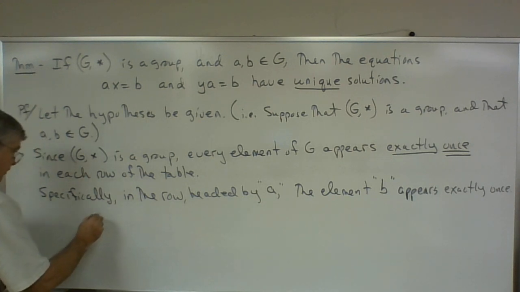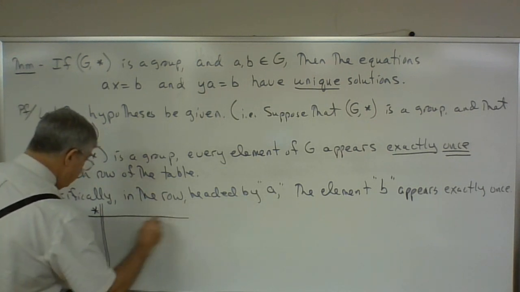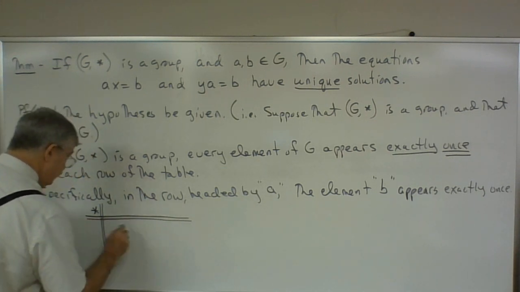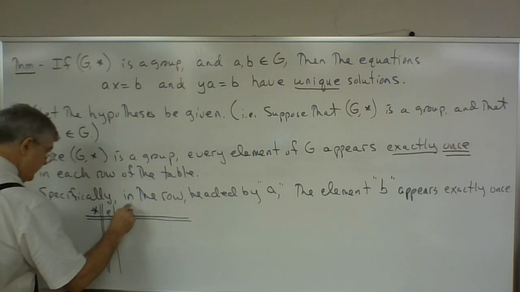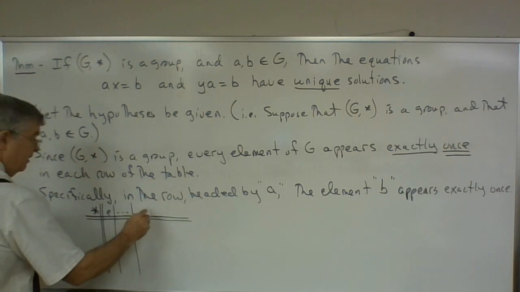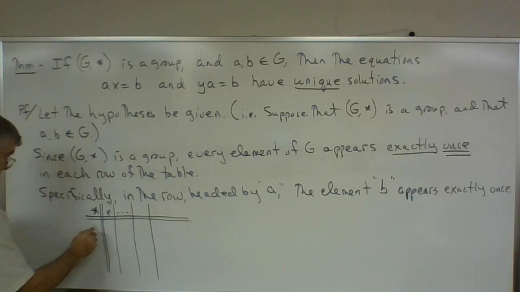Well, let me draw a group table here. Here's my identity, and here's the column that B is going to appear in.